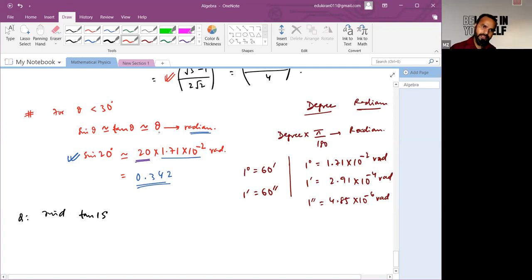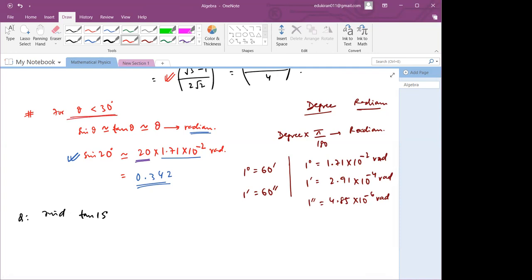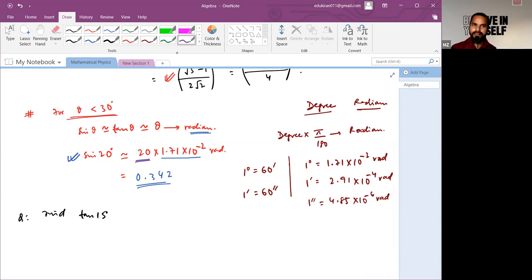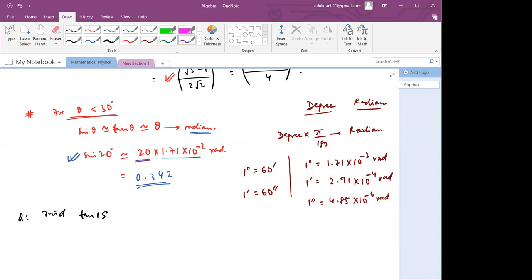You have to use this method. So sir, instead of 20, we write 15 over there and solve, right? Yeah. Sir, is my answer correct?